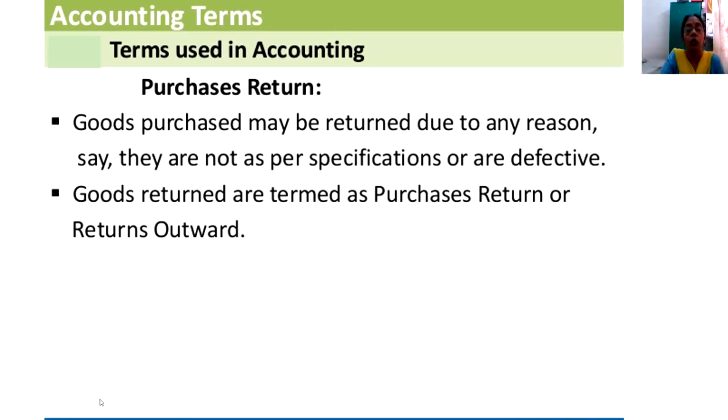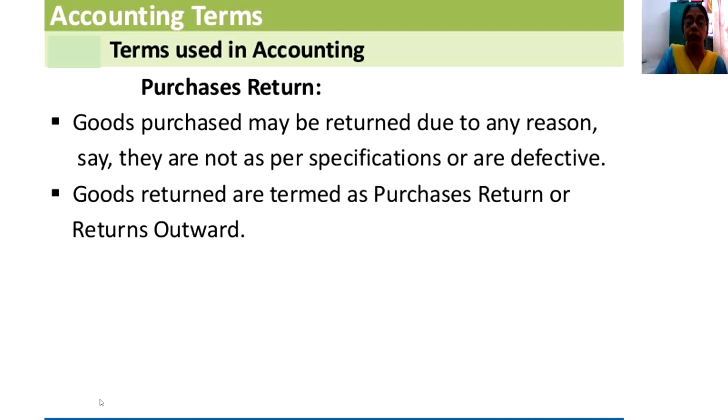And when you move on to purchase returns, you buy certain goods and they are not up to the mark. You have already brought them, the delivery has happened. When you opened that and saw that it is not according to your specifications, then you go to that seller and say, see, I have ordered you to deliver these kinds of goods, but what you have delivered is not up to the mark. Take them back.